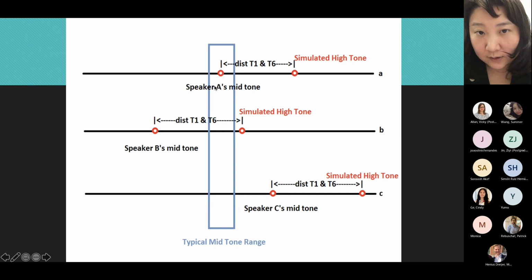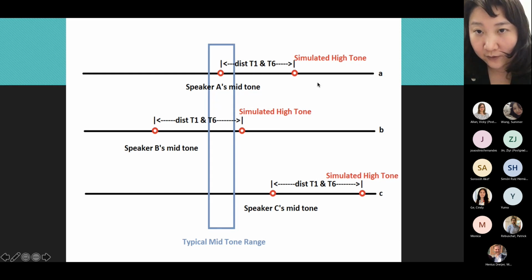Say there is a speaker A's midtone, and according to your parametric representations, you know this tone actually falls within some typical midtone range. So that means it's a typical midtone. If we only have parametric representations, we only make use of this parametric representation to identify the tone. We will identify it as a midtone because it's a typical midtone.